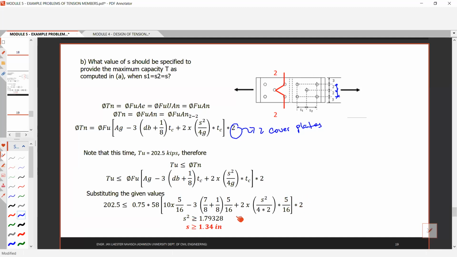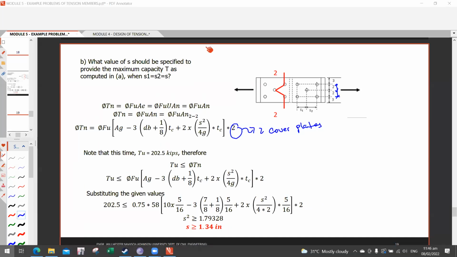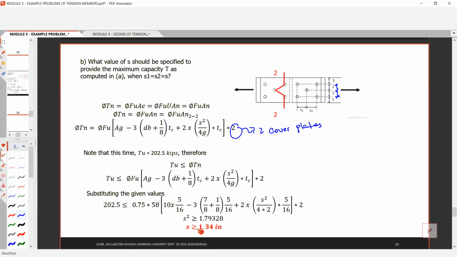Solving this equation, you get S squared should be greater than or equal to 1.79328. Then solving for S, taking square root of both sides, you have S should be greater than or equal to 1.34 inches. So that is how you solve this type of equation problems.